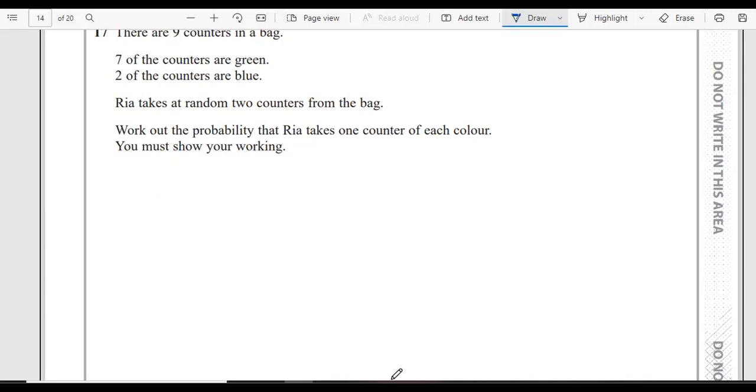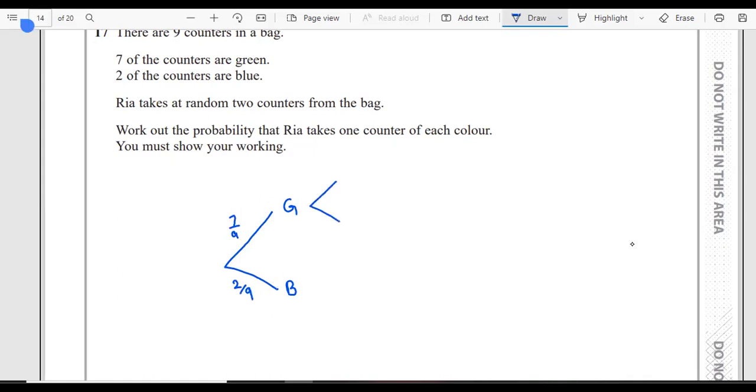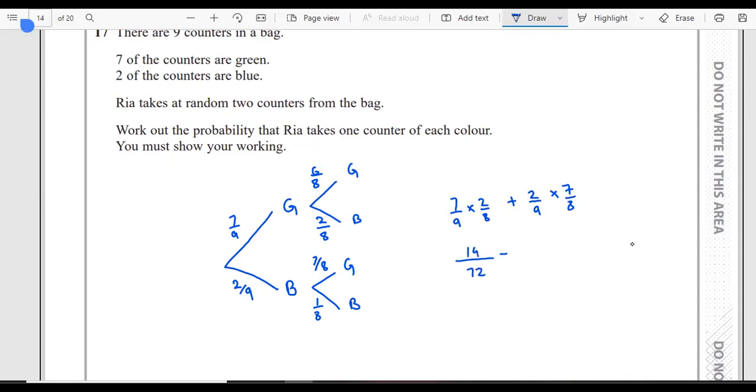Okay, let me do it here, okay? So for green counter, for blue, and then 2 by 9, and then we are doing without replacement. It would be 2 by 8 and it would be 6 by 8, right? Which is 14 and 72 over 4, which is 28.